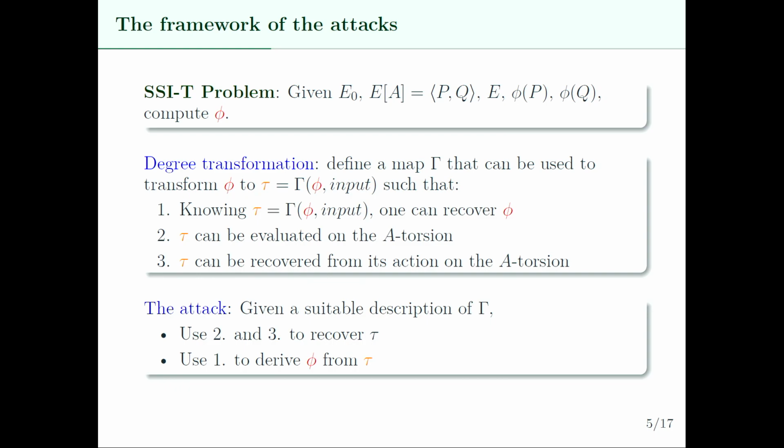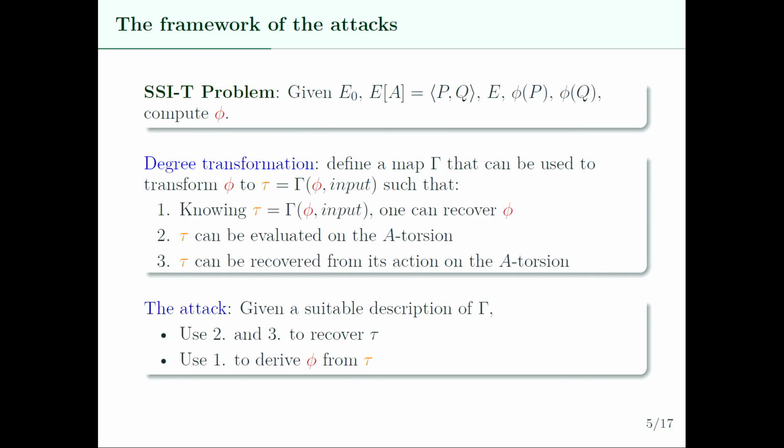And the transformation gamma, which is the degree transformation, should be sort of invertible, so that if you know tau, then you can recover your secret isogeny phi. So if you can come up with this nice transformation that satisfies these three conditions, then you can run the attack. All the attack consists in coming up with this nice transformation. All the attacks from 2017 were just different instantiations of this transformation.